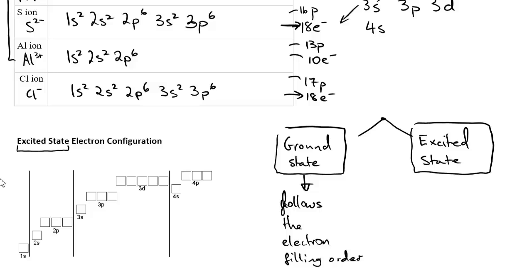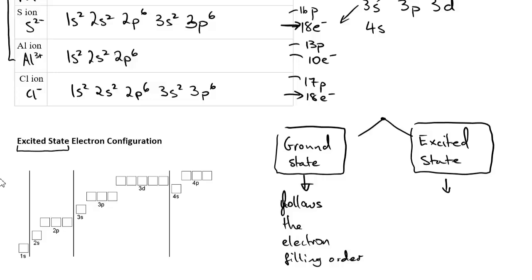Okay, so there might be heat present. So you might be taking a sample of atoms and heating them up with a Bunsen burner. Now what that does is it provides external energy, which means actually that electrons are able to jump to higher energy shells.